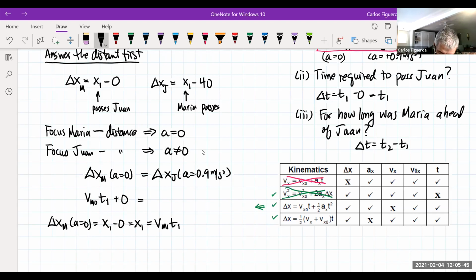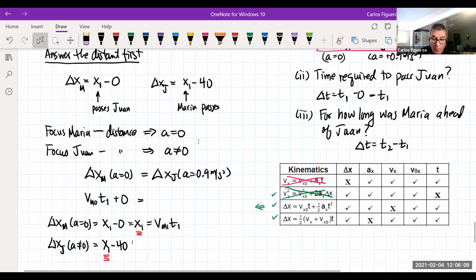Now look at Juan. His distance is x1 minus 40. So I have to include that 40. But in order for me to solve for the distance, I have to equate this x1 to that x1.